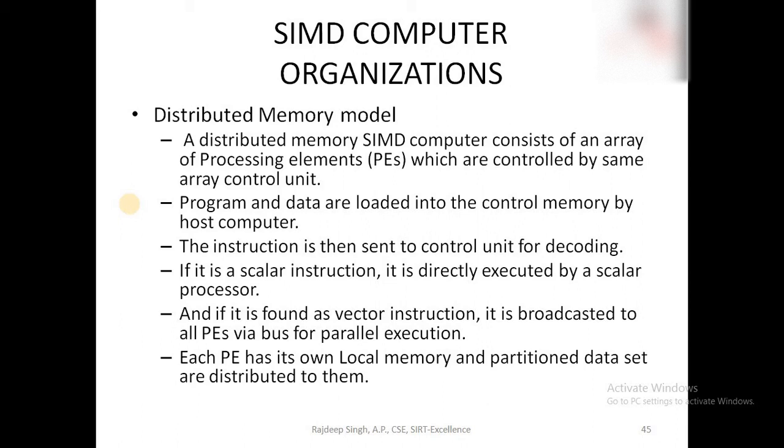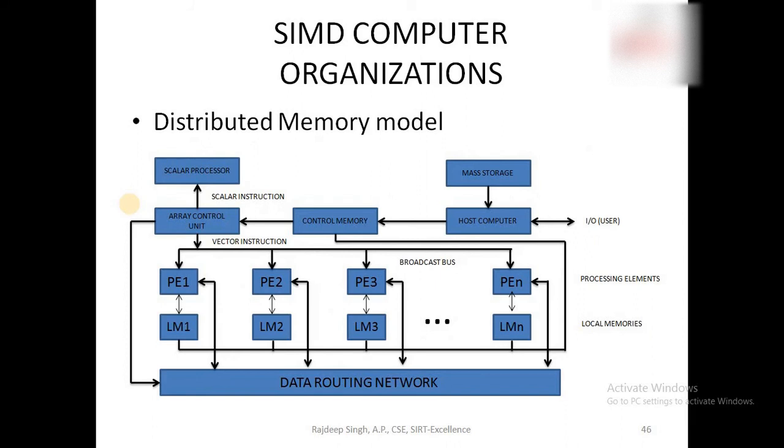In the next slide, in the block diagram, you can see that I am starting from the first step: from mass storage, program and instructions are loaded into the host computer. This host computer will load the instruction and data to the control memory. Now control memory will forward it to the array control unit, where it is decoded.